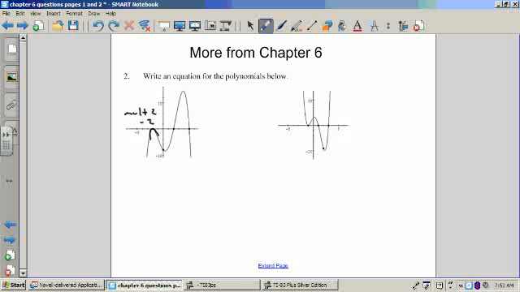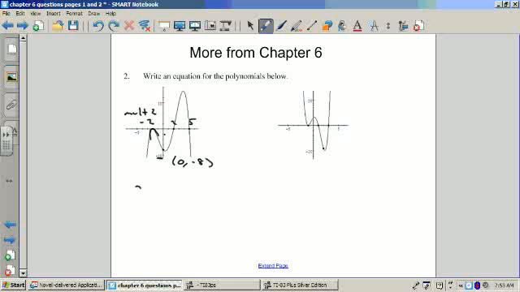It doesn't look like it's hugging, so I'm going to take it as its smallest even degree, which is 2. I also have a zero at 2, and a zero at 5. And I also have a y-intercept. Notice that the number here is negative 10, so my y-intercept is 2, 4, 6, 8, so negative 8.